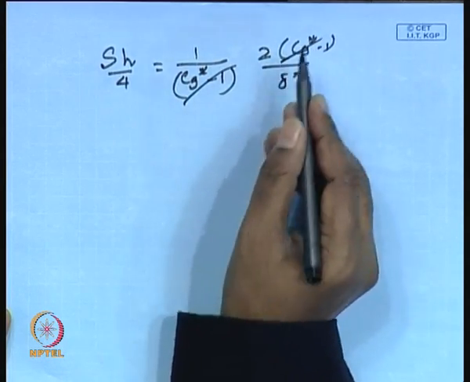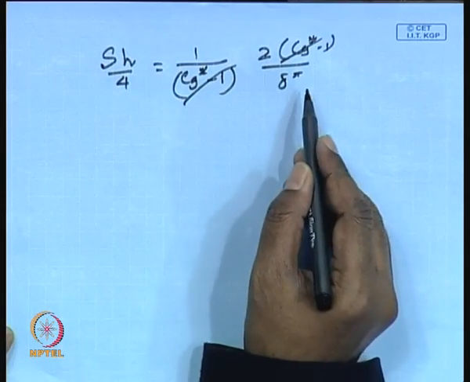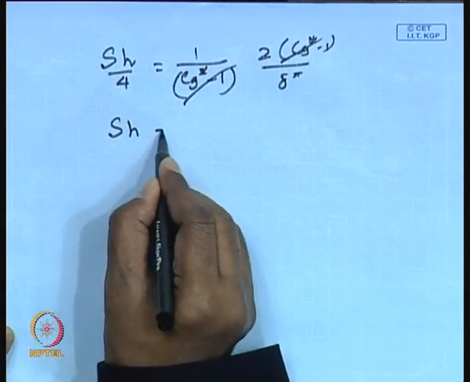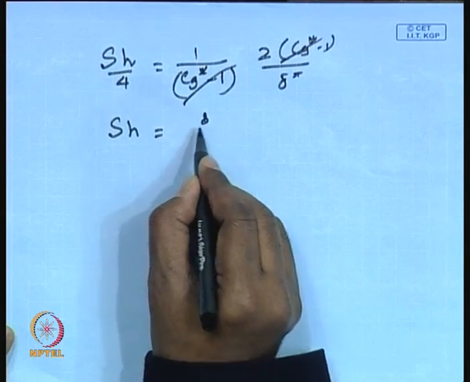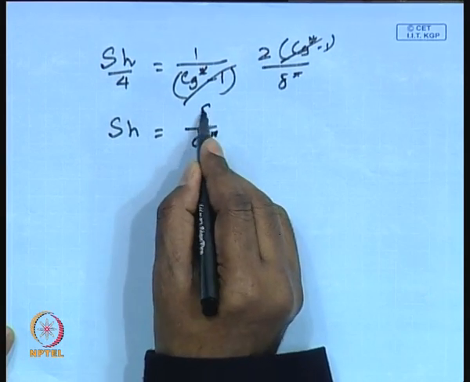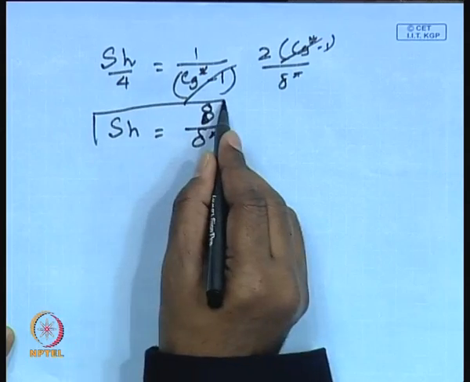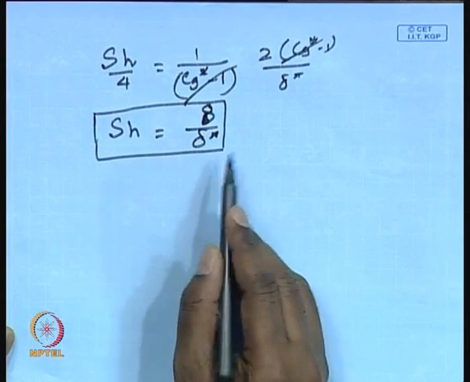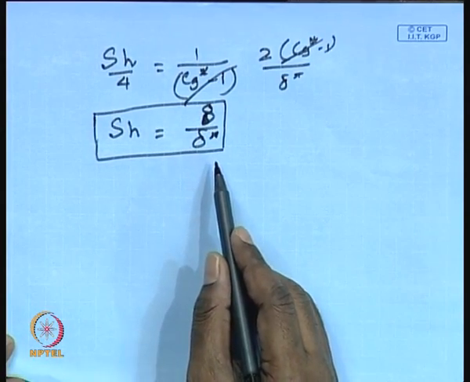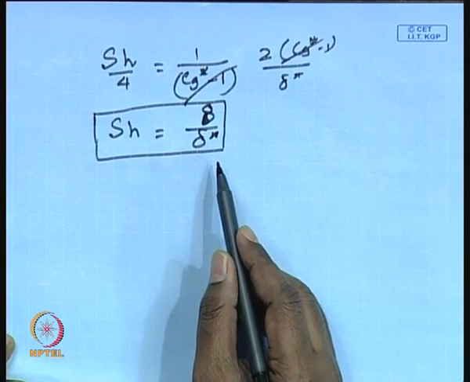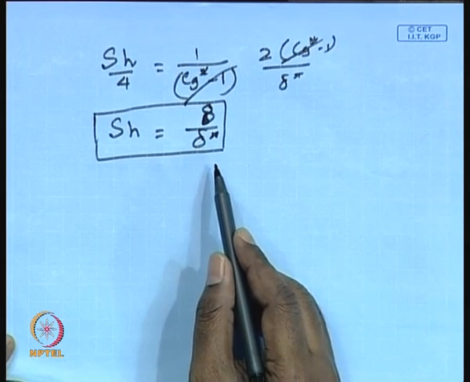This will be cancelled out, and so the Sherwood number just becomes 8 by delta star. And we have already got an expression of delta star, the thickness of the boundary layer, as a function of x star, and we are going to substitute it there.